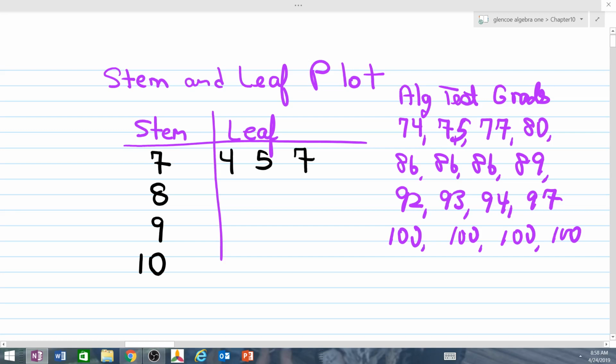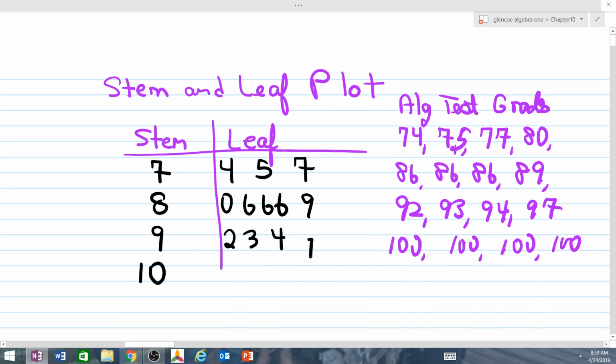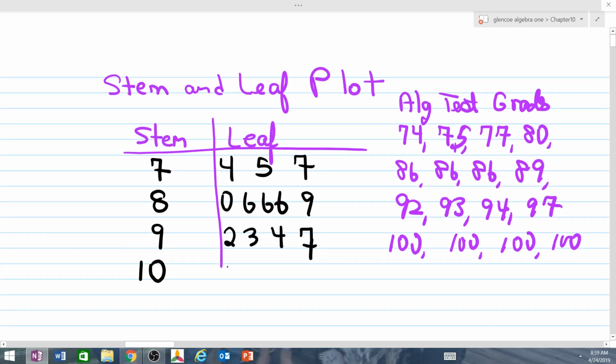So when you read this is how you would interpret it. 74, 75, 77. Are you with me? Now I had an 80, 3 86s, and an 89. Then I had a 92, a 93, a 94, a 97, and I had 4 100s.